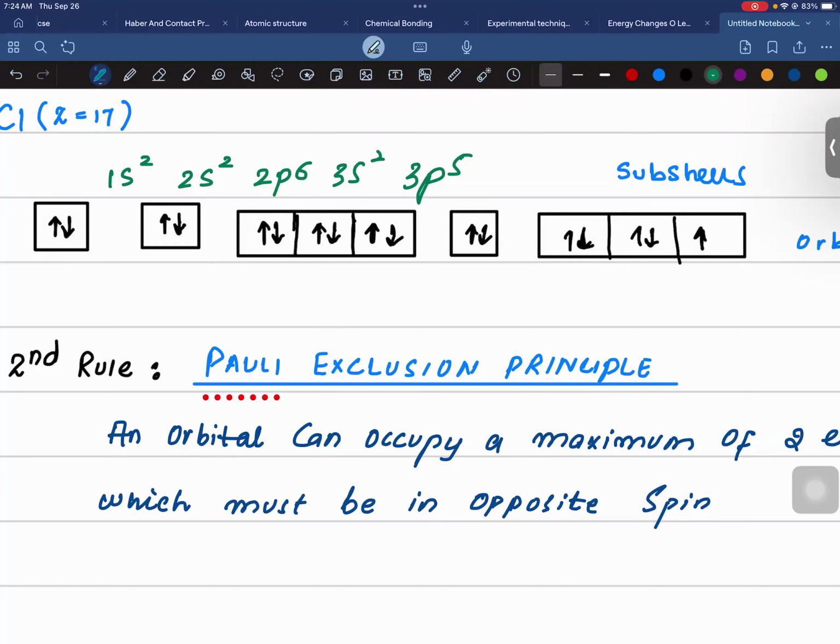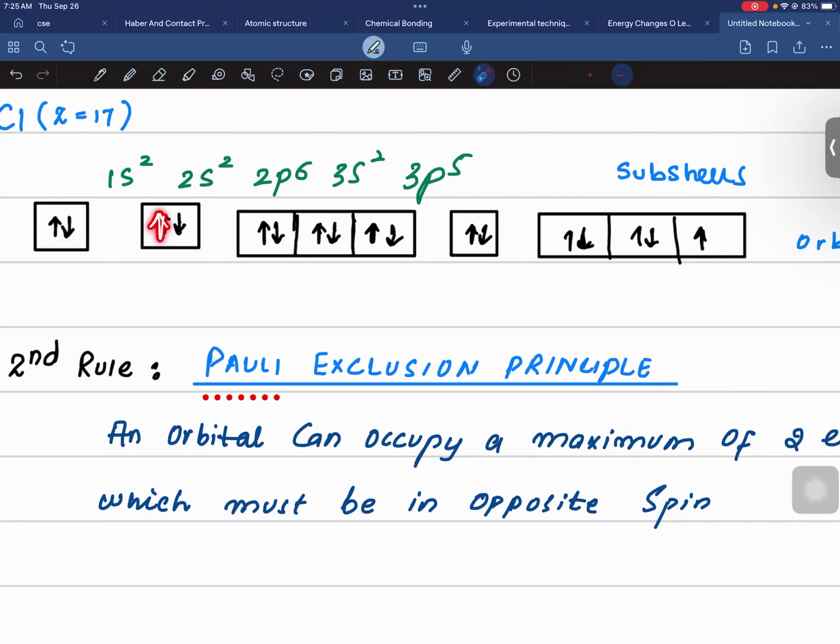Okay, so we have different criteria for stability. One of them is that the Pauli exclusion principle says when you are going to put electrons in different orbitals, you are supposed to put electrons in an orbital in such a way that the electrons have opposite spin, so that their repulsion can be minimized.